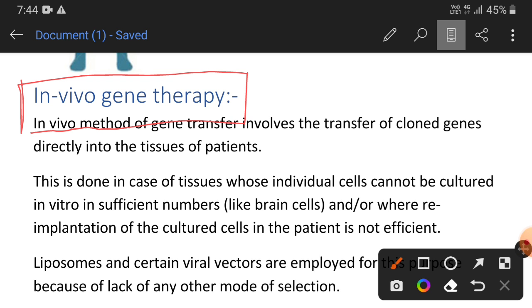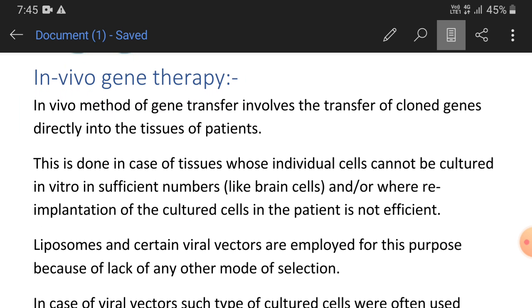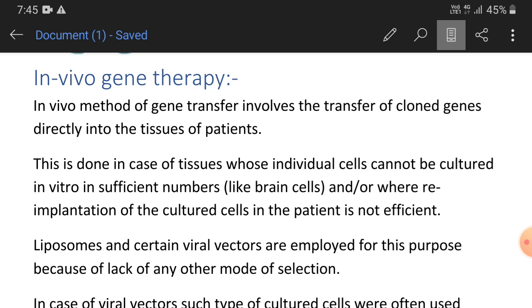And if we can somehow isolate them, then culturing them, we will not get a sufficient amount of cells. And even if we can somehow get a sufficient number of cells, reintroduction of those cells back into that delicate tissue will not be easy and also not efficient, right? So under such circumstances, in vivo gene therapy works well.